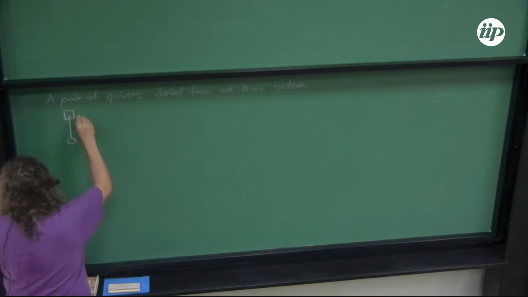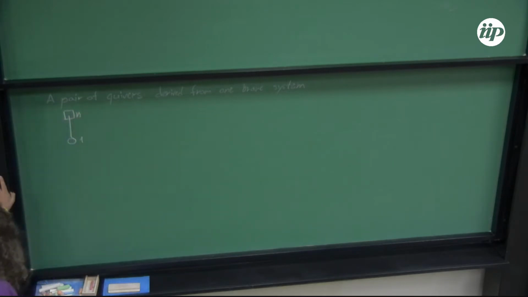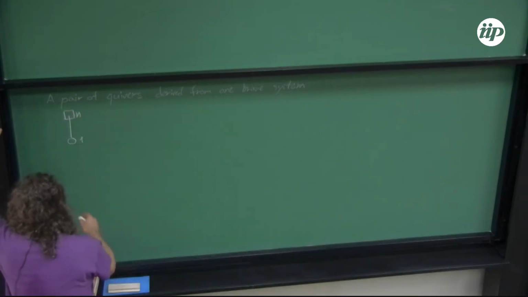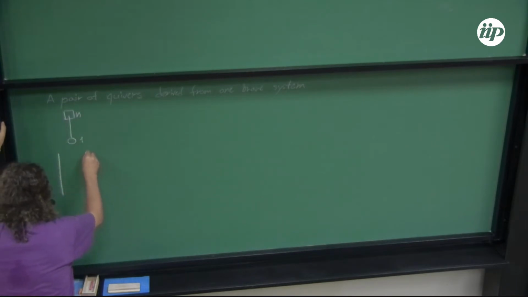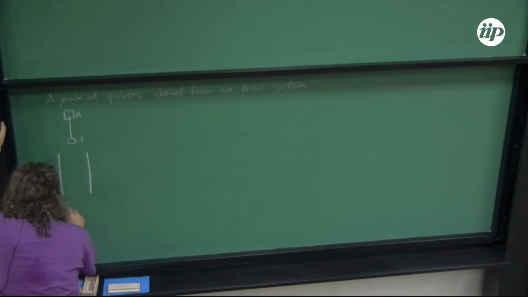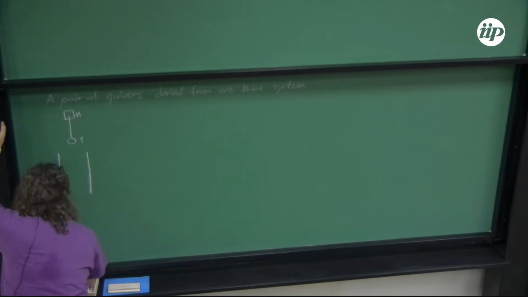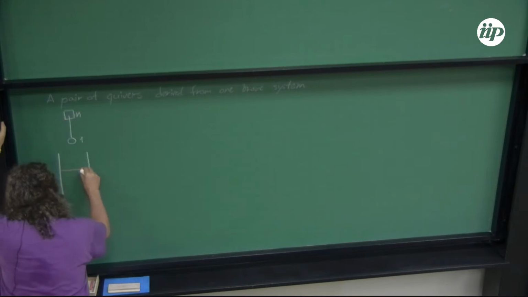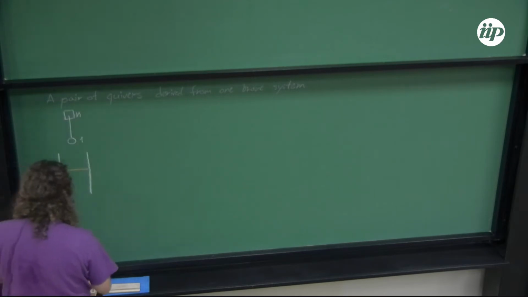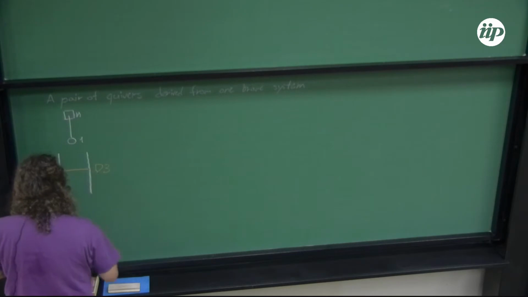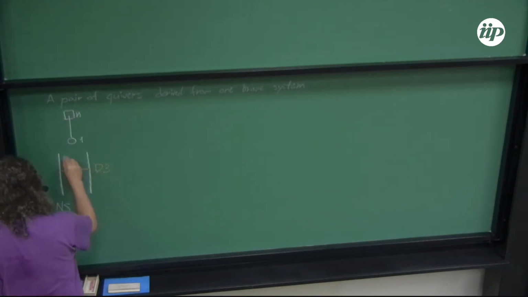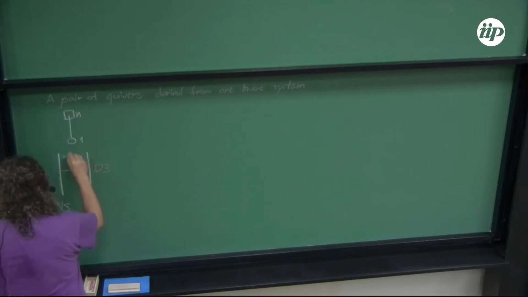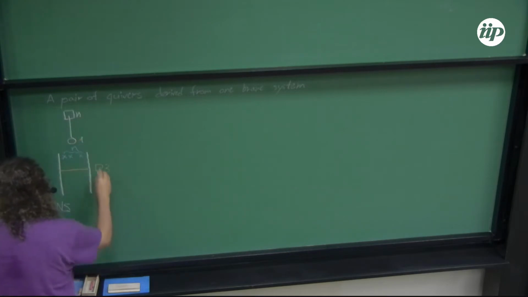And 1 and n. This is the first quiver. Let me remind you the brane system. So 2 Neveu-Schwarz 5 branes, there is a single D3 brane, and a collection of n D5 branes.